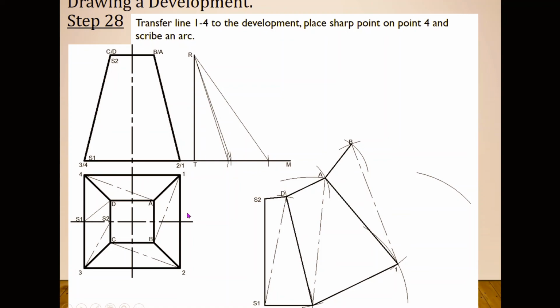Now we're looking for point 2, and here at the top we have S2. We have D, we have A, we have B.